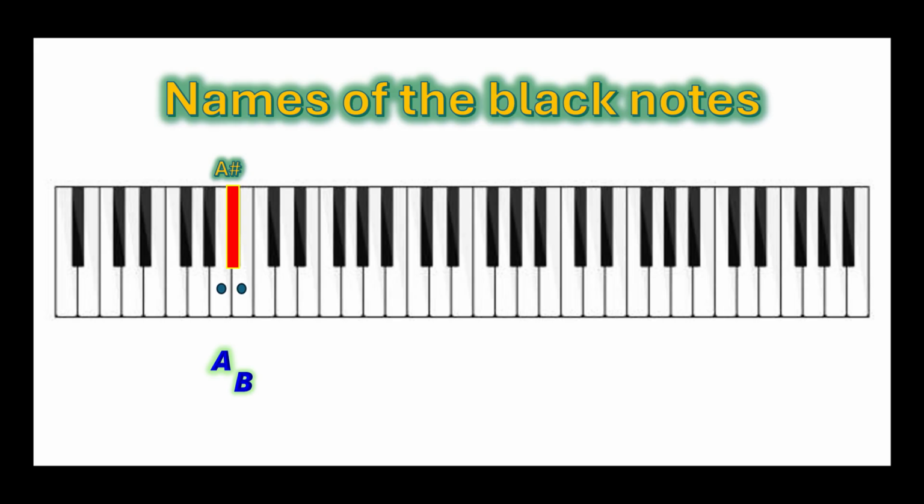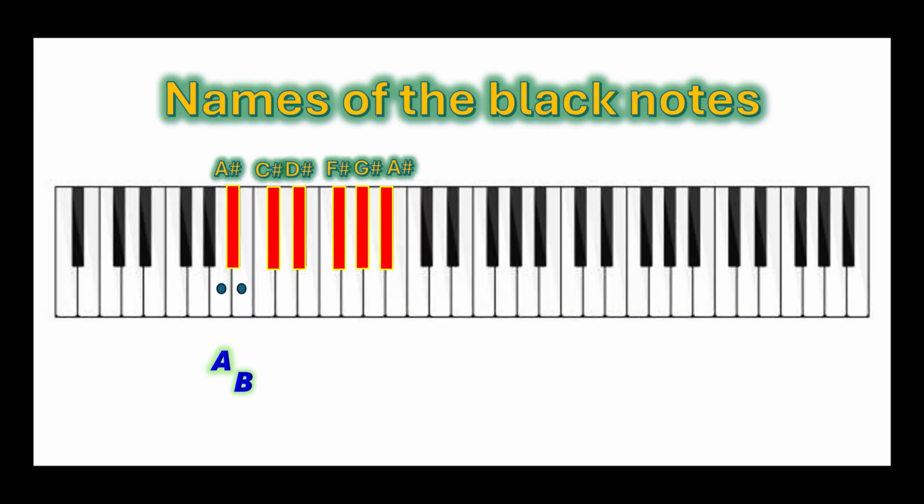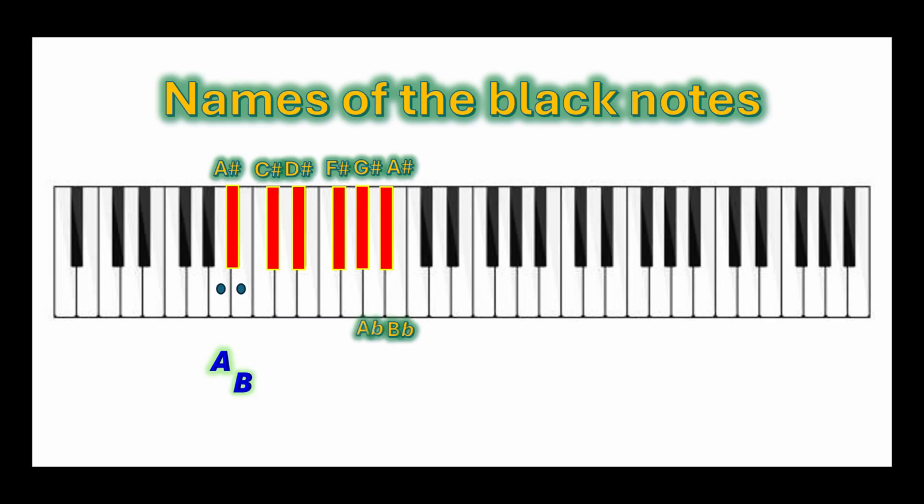So the names of the black notes, the one just above A is A sharp, the one just above C is C sharp, the next one D sharp, the next one F sharp, G sharp, and then A sharp again. If you want instead to think of them as being flatter than the note above, then from the top downwards, B flat, A flat, G flat, E flat, D flat.